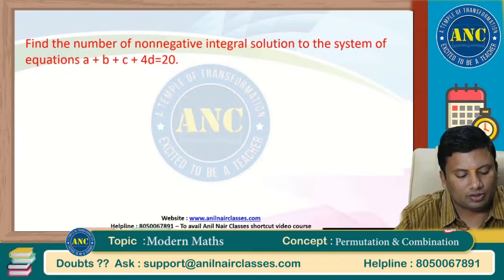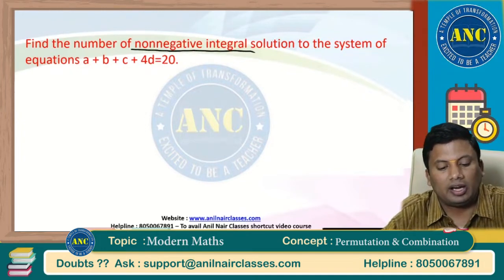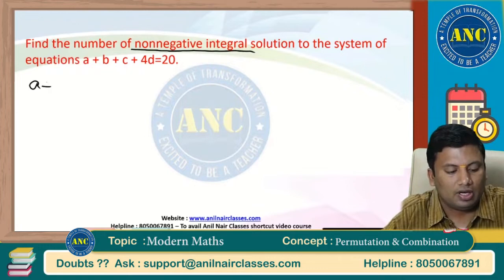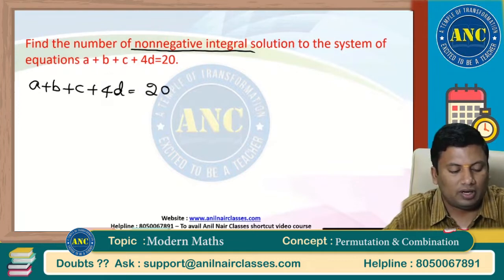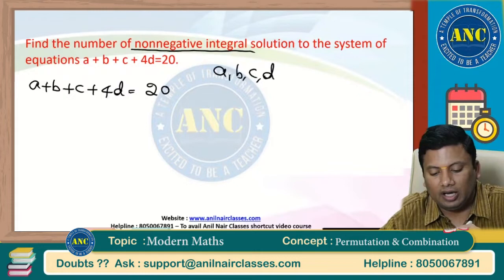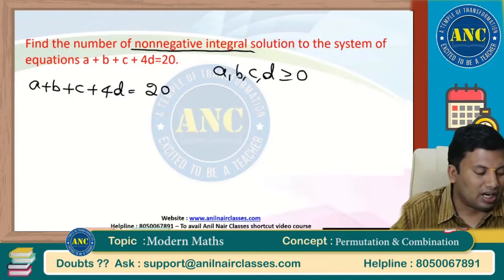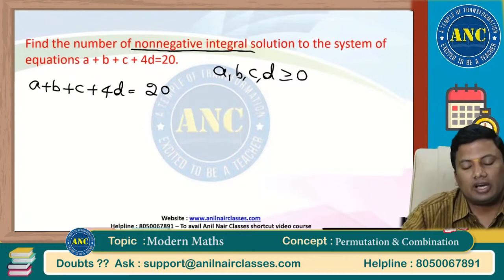Non-negative integral solutions, another variety. Find the number of non-negative integral solutions of A plus B plus C plus 4D equals 20. A, B, C, D all are starting from zeros; 0 is allowed, meaning the values can take 0.